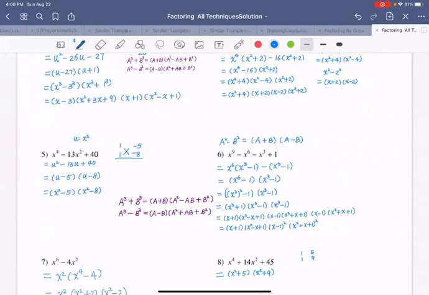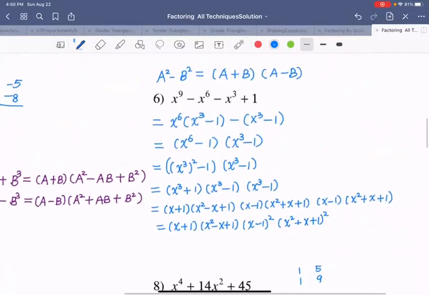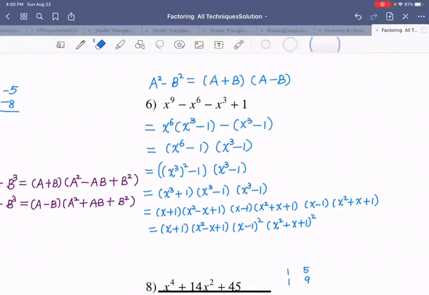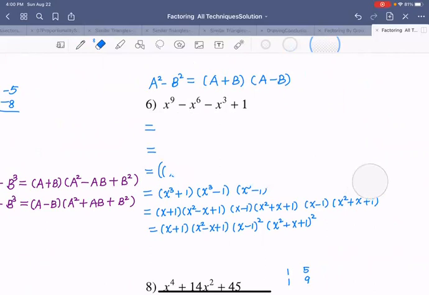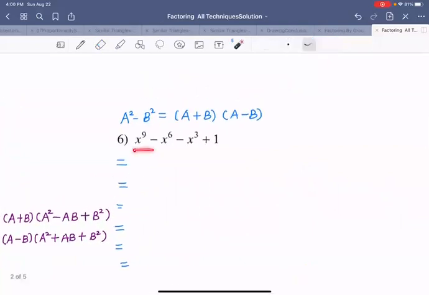Yeah. Okay. Now, Ashley, let's try number 6 together, okay? This question also has many steps. First, we do regrouping. Go ahead, please. X to the power of 6 parentheses x cubed minus 1.